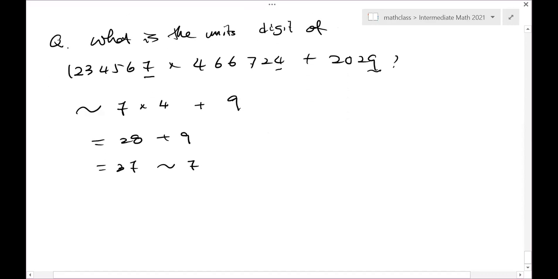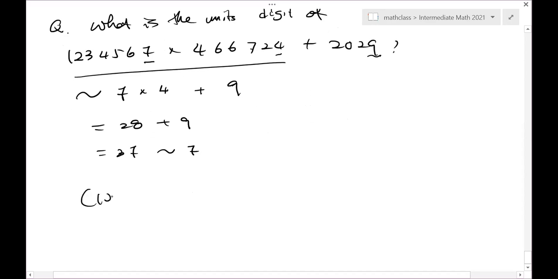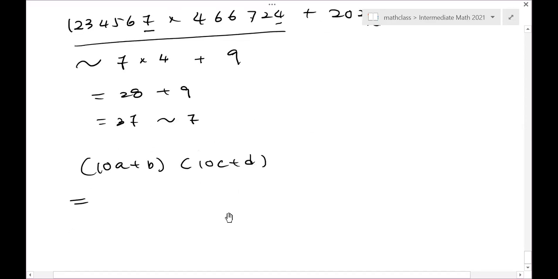Now, why is the unit digit of this product only determined by the unit digit of each number? The reason is this. Let's say 10a plus b, and 10c plus d. When you multiply this out, you try to determine the unit digit.